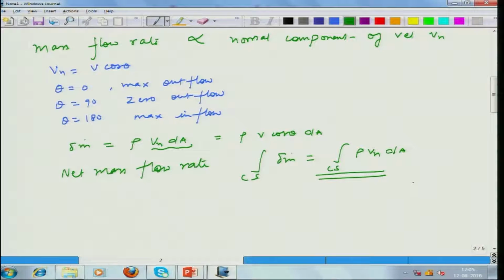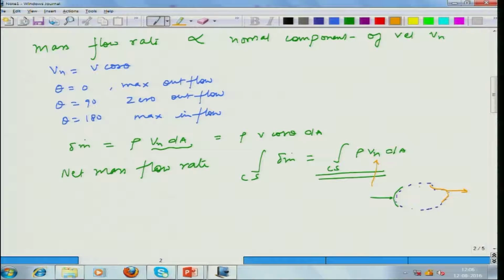Okay, because what you have done is you have considered, let's say, the regions which are inflow as well as the regions which are outflow. So when you're integrating over this, you are also considering the different thetas associated with the Vn component, and hence you have the net mass flow rate, which includes the inward as well as outward flow. Okay, so the direction is already accounted for in this expression.